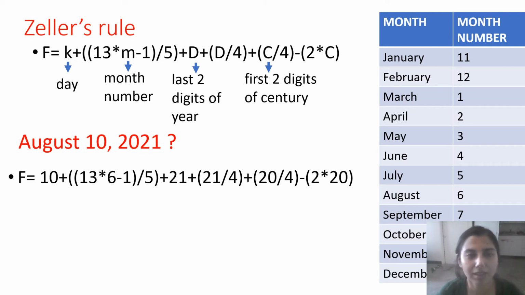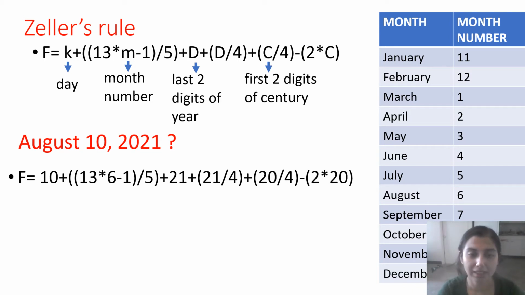Now, the complicated part could be the month number, because it follows the Roman calendar method, by which March is the first month. So March would be 1, April would be 2, May would be 3, June 4, July 5, and so forth, till February becomes month number 12.